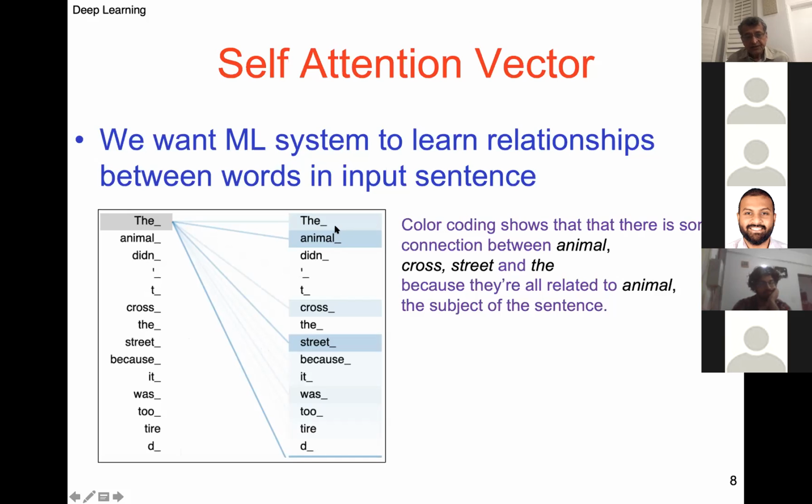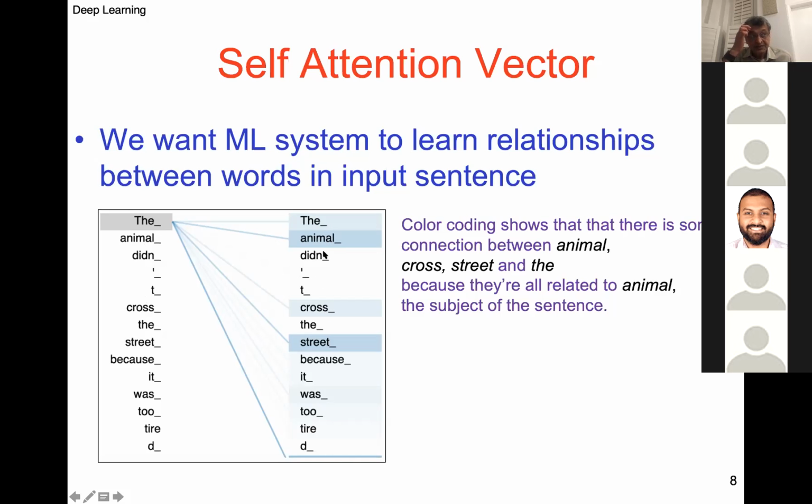So it's the same set of words here repeated here, except it is saying the gives a high priority to animal here, and it gives a high priority to street here, and lower to cross and so on, and the here. So there is some kind of strength to these. So this is self-attention vector. So this vector itself is the attention that each of the words gives to the others. And that is regarded as an attention vector.